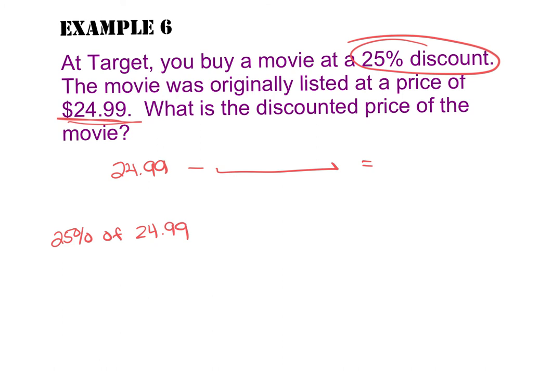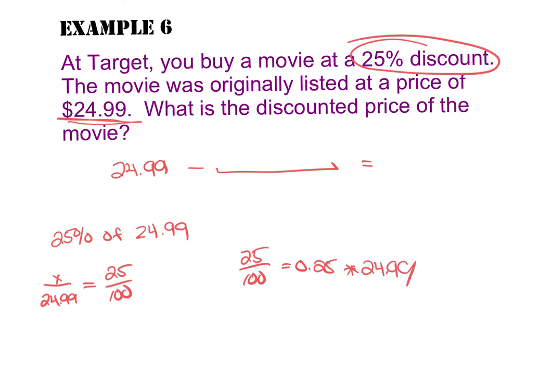We can set it up one of two ways. One is x over $24.99 is equal to 25 over 100, and we can cross multiply and solve. The other way is we can take 25 over 100, we get 0.25, and then multiply that by 24.99.